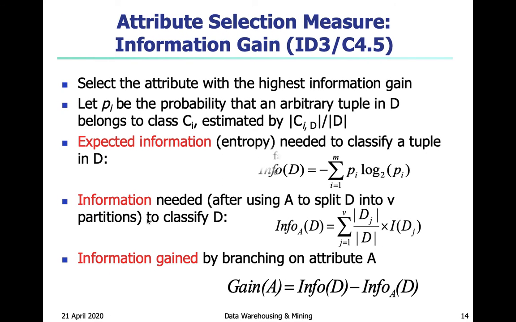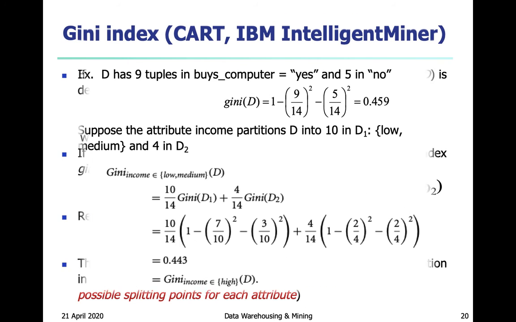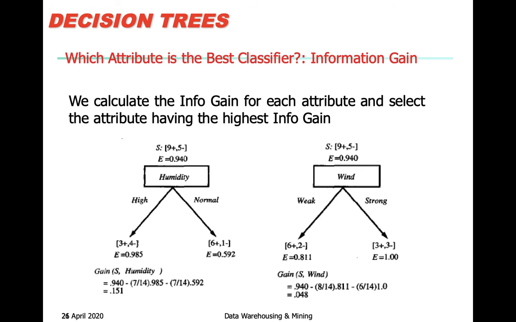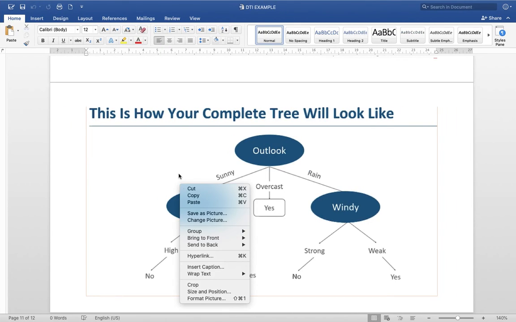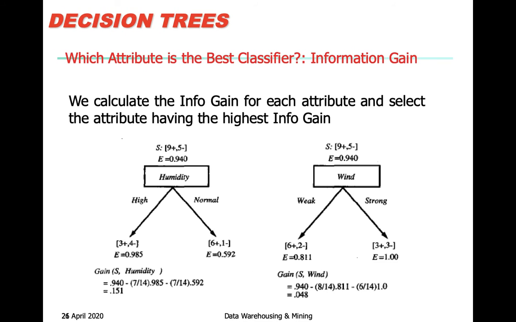Here you can see that we have found all the values the same way, meaning we have found all the gains respectively, to see which one will be here: humidity, temperature or windy.